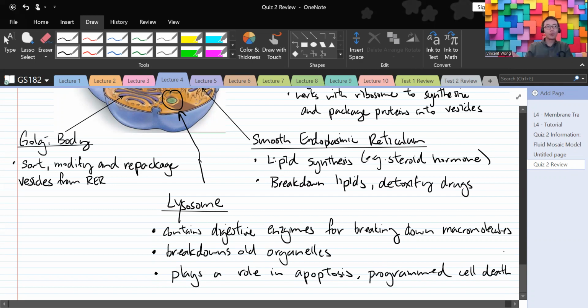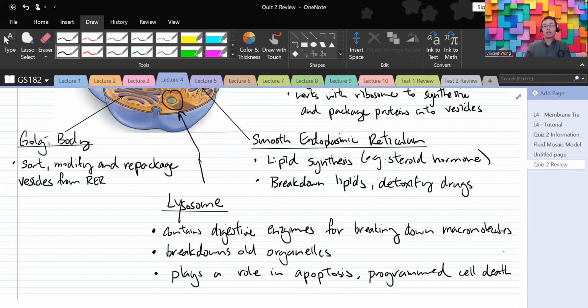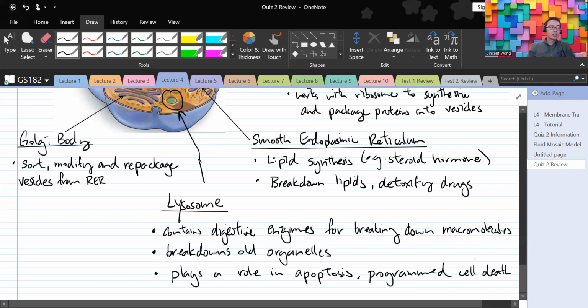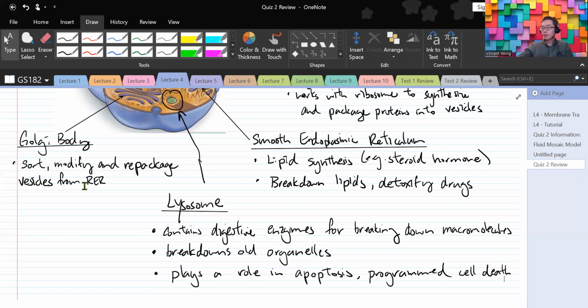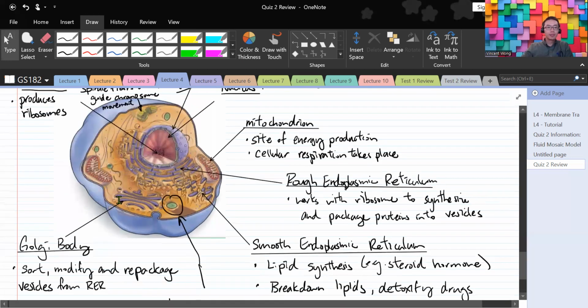When a cell gets too old, you need to get rid of it for the benefit of the entire organism. And so the lysosome is going to release all its content, basically kill off the cell. We call that apoptosis. All right. I think those are the key stuff. I don't think I missed anything here.